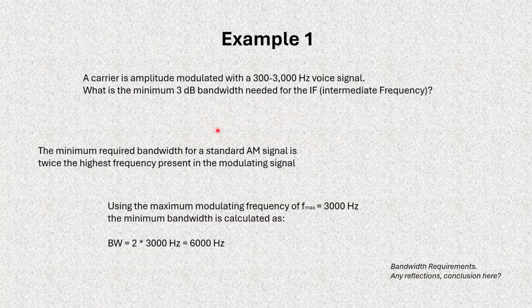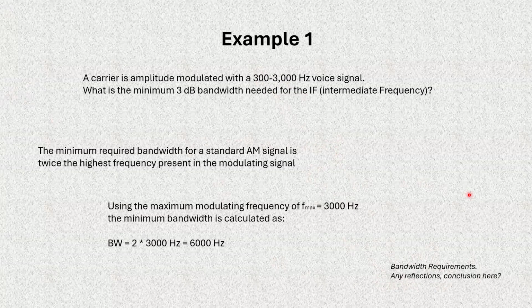It's easier to make that. And whether that 300 to 3000 is on that carrier, or that carrier, or the IF carrier, it still needs the same bandwidth to transfer 300 to 3000 hertz. So here's that, I kind of put that thing on here.